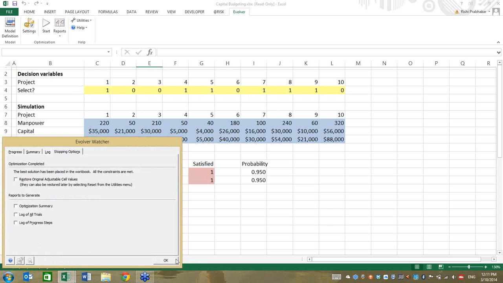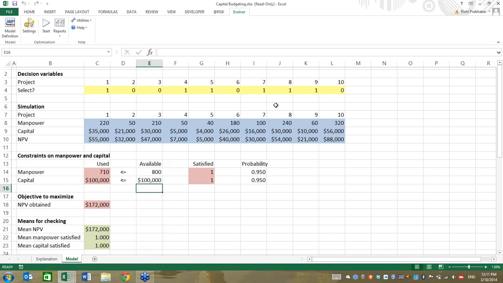You can see different values being tested on screen, and it's now chosen projects 1, 4, 5, 7, 8 and 9 for our portfolio. We can see that neither constraint is violated. We actually have some extra manpower up our sleeves, but we have maximized our NPV. Great. That is, if you like, the basics of optimization.